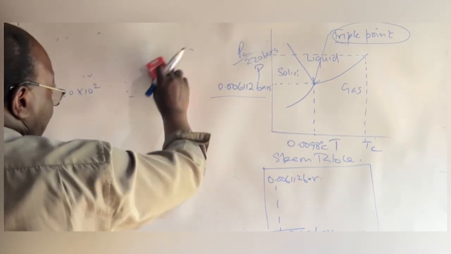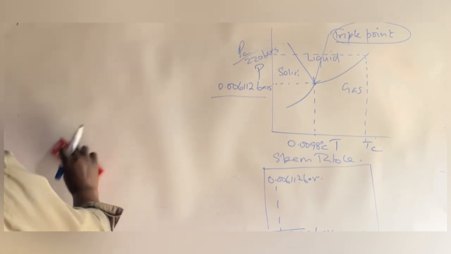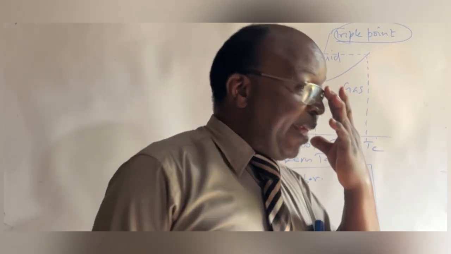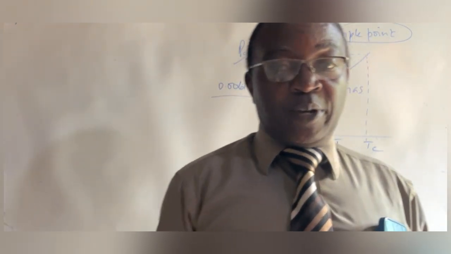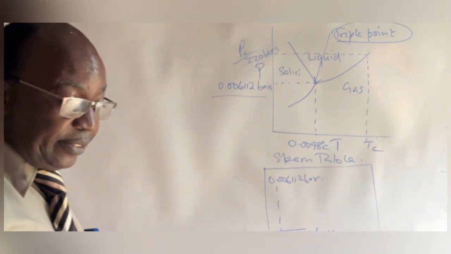So you need to know some of those. Now, like we have said, once you know a property of whether it's saturated vapor or saturated liquid, then you can get the rest, and actually define completely the state of that system.